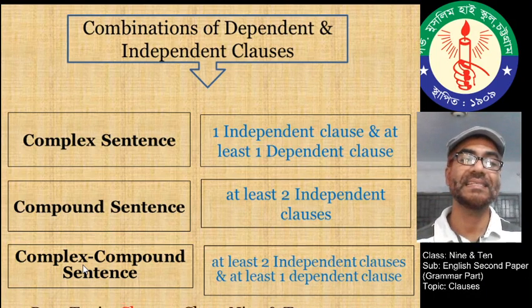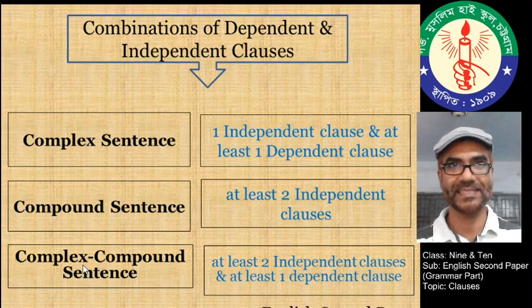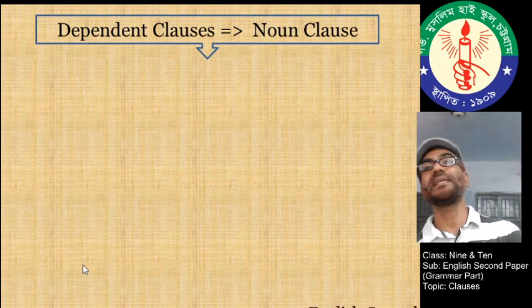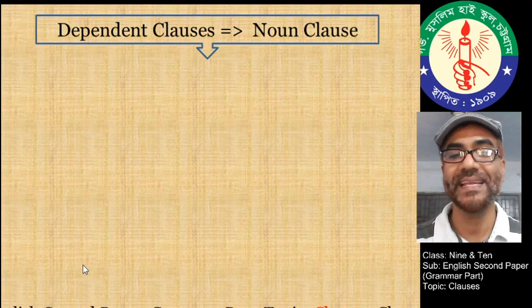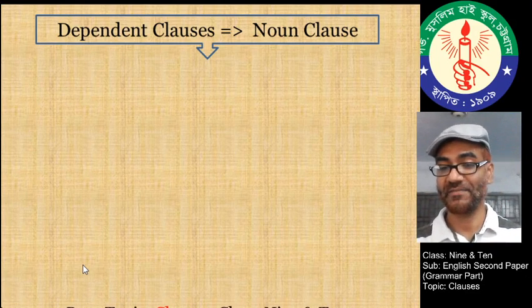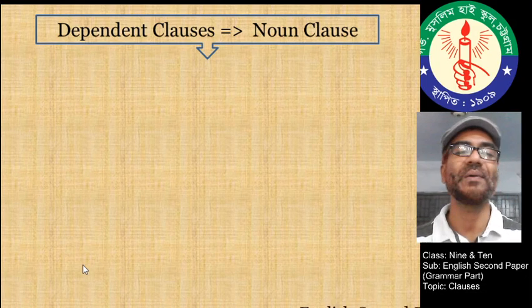Okay, these are the combinations of dependent and independent clauses. Okay, now let's see dependent clauses, noun clause, and we will explain noun clause, adjective clause, and adverb clause successively. Okay, noun clause.